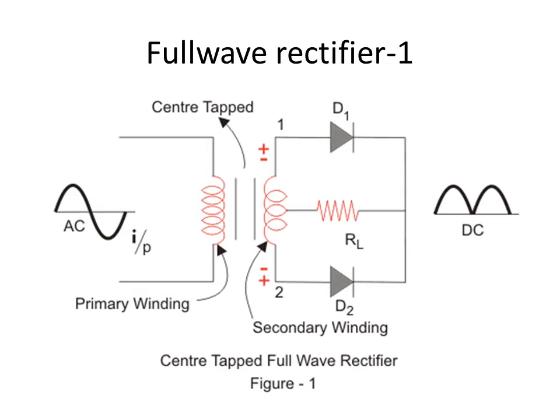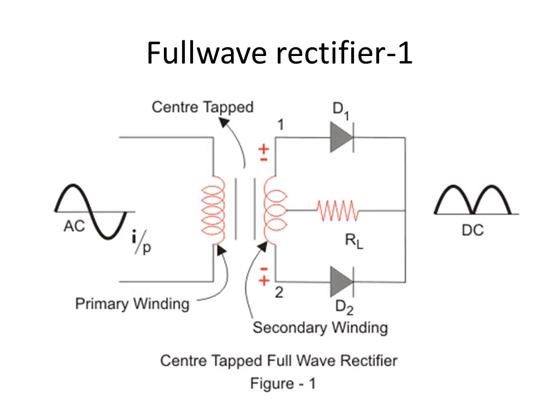So how it is working, the input is here and it is generating some primary voltage, and then it is stepped down, and during the positive cycle the top of the secondary will be positive and the bottom will be negative, which means only the diode D1 will be forward biased, D2 will be reverse biased, and it will be cut off.